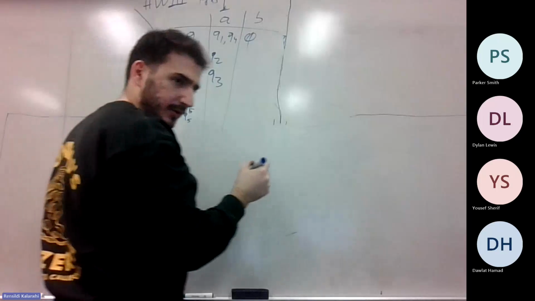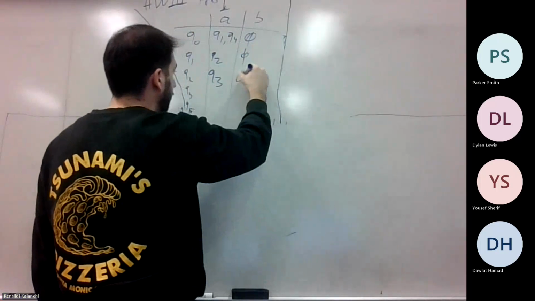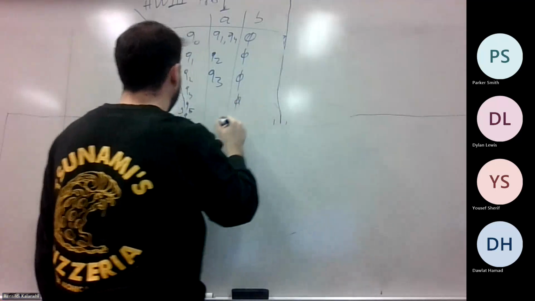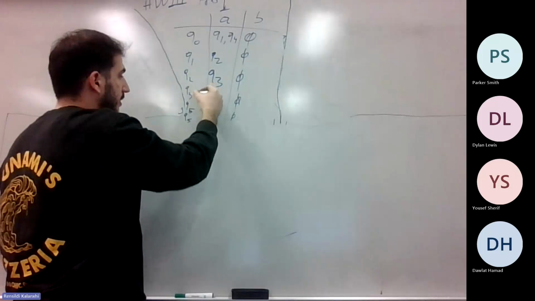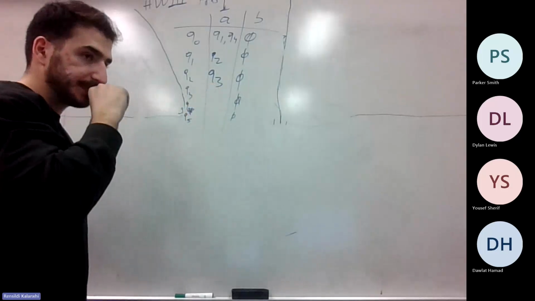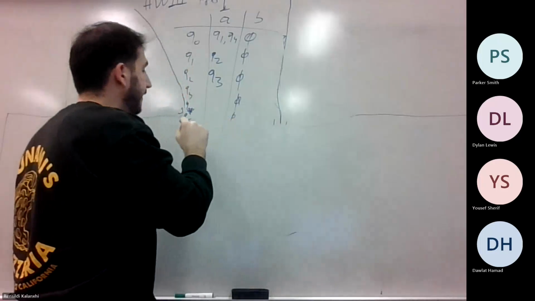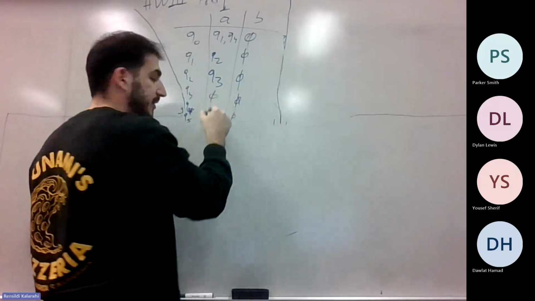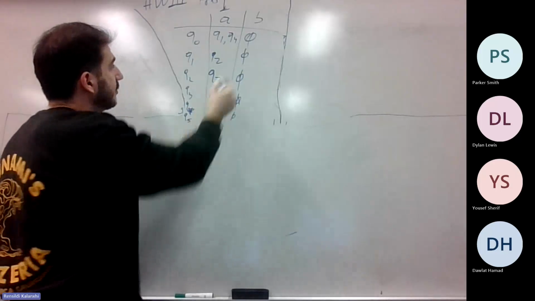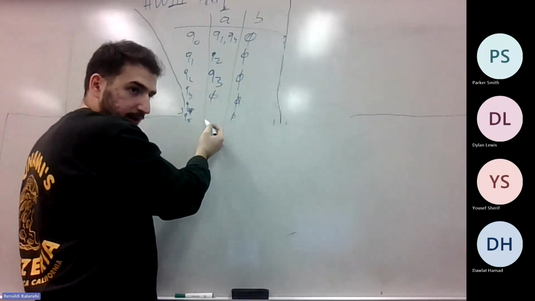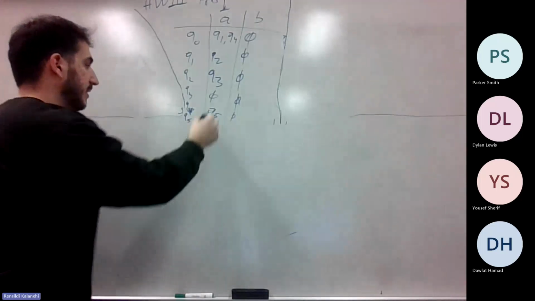There's no B's at all, so this alphabet is just going to be all A's. From Q3 there's nothing pointing out. Then from Q0 it points to Q4, Q4 points at Q5, and Q5 points at Q4, so it's a loop.